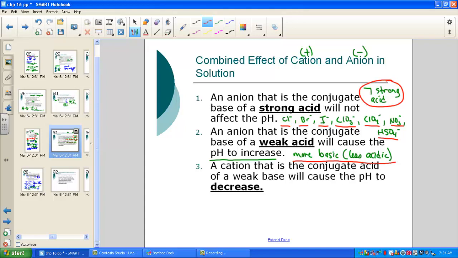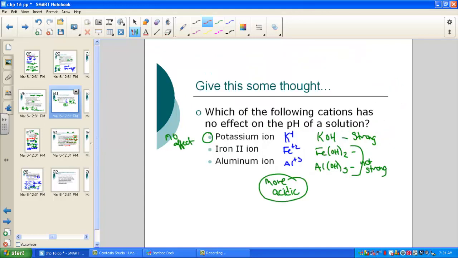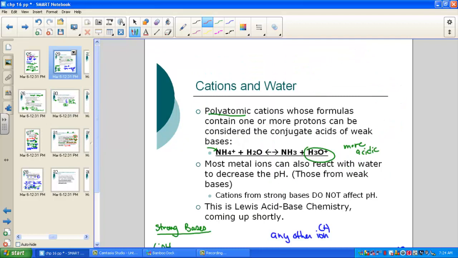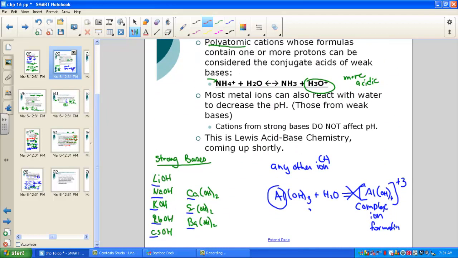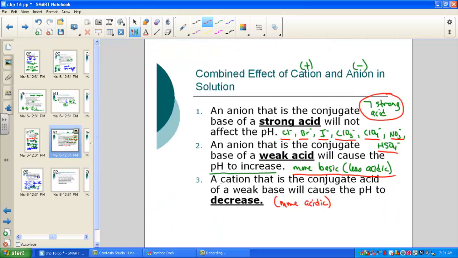A cation that is the conjugate acid of a weak base will cause the pH to decrease, more acidic. So remember our previous slide. I'm just backing up a couple slides to remind us: lithium, sodium, potassium, rubidium, cesium, calcium, strontium, barium, those metal ions, those positive ions, no effect on pH.